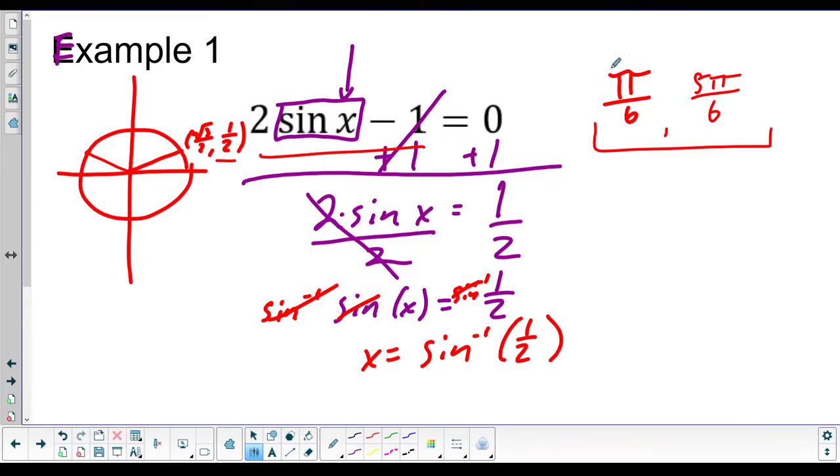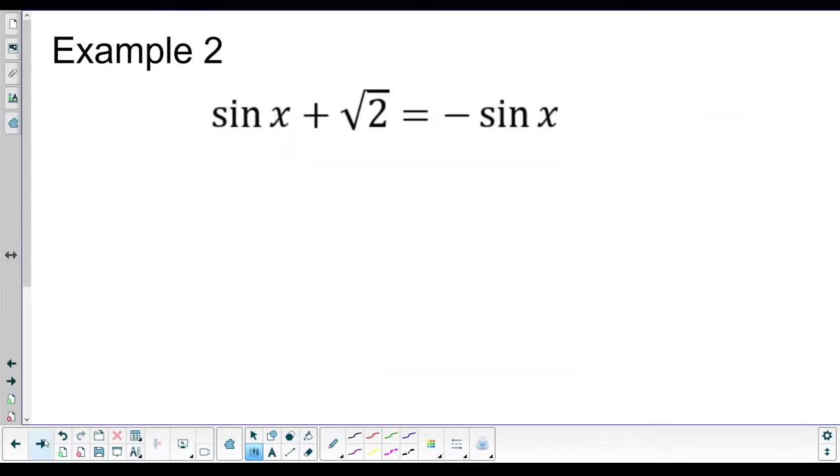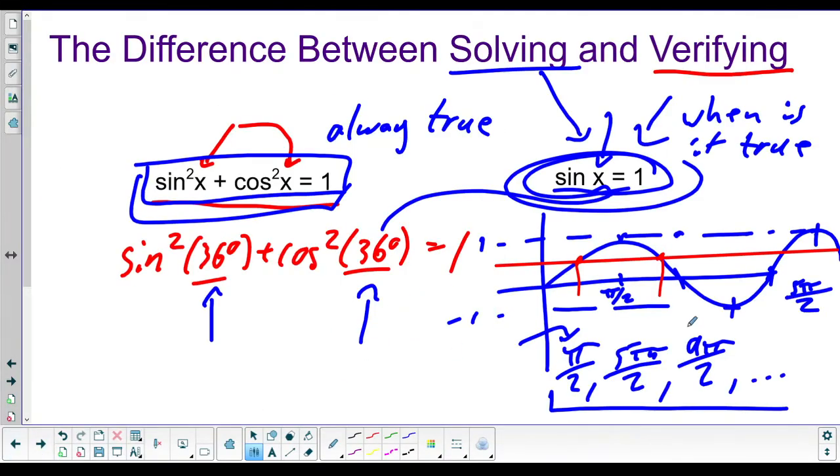If you want to generalize these so that you include the infinite repeated solutions, the trick to getting these answers is, because it's at 1/2, the next time that it's going to happen is 1 full period away, and the period of sine is 2 pi. So what I did is I just did plus 2 pi over and over.